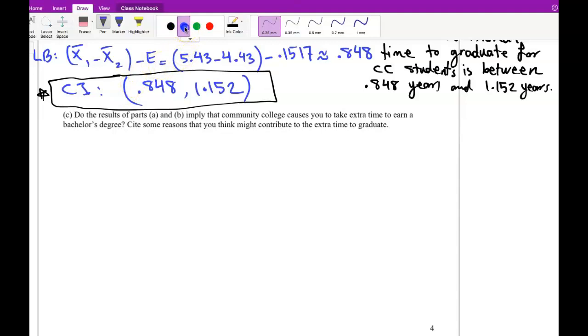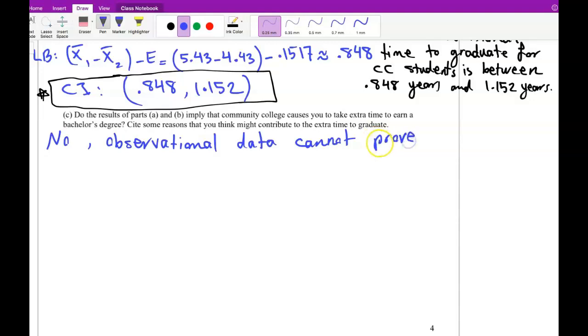So the answer for this part is no, as based on observational data, we cannot prove causation, only association.